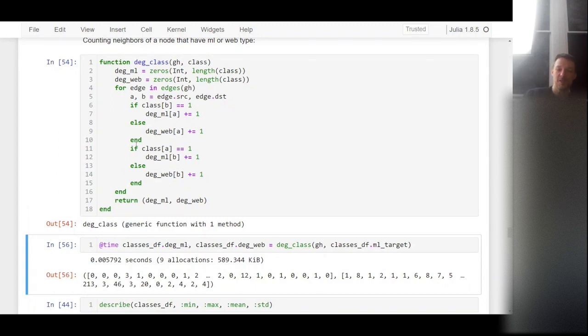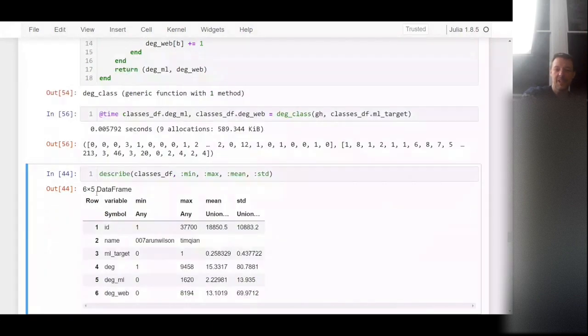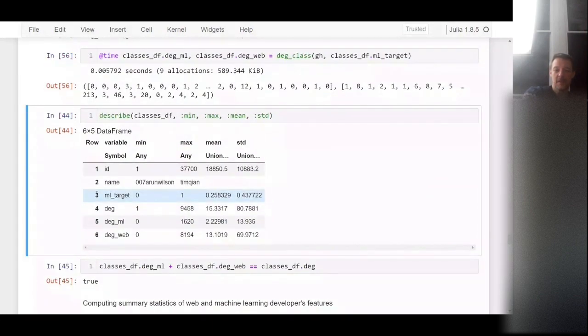Those for loops will be really fast. So even if we had 1000 times more edges in the graph, it would take only a few seconds to run this computation. So maybe let's describe our data frame and see what we learn.